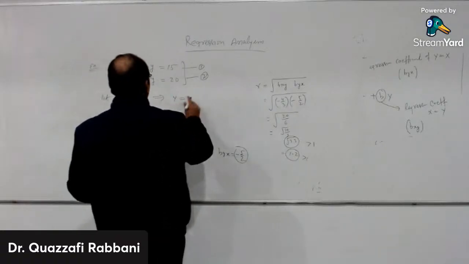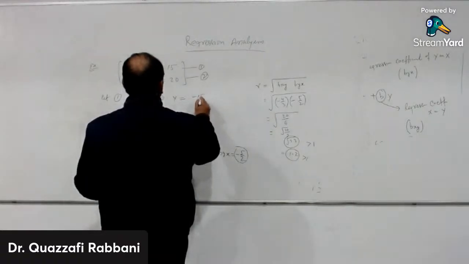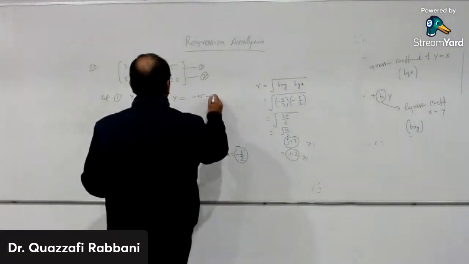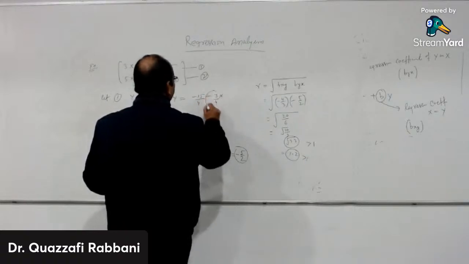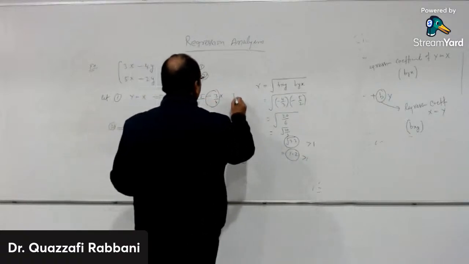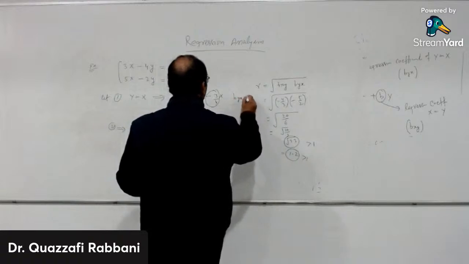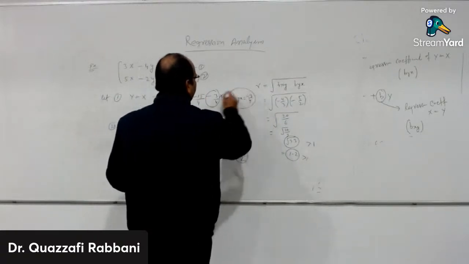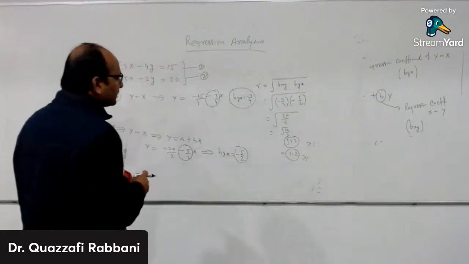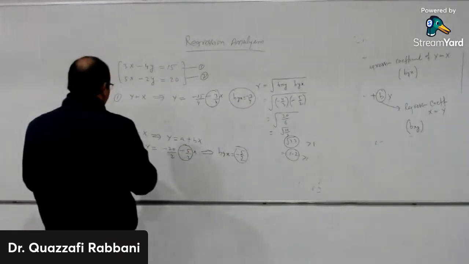So y is equal to minus 15 minus 3x, and this is 4, this is 4, and this is nothing but byx is equal to minus 3 by 4. So you will get regression coefficient y on x as minus 3 by 4.